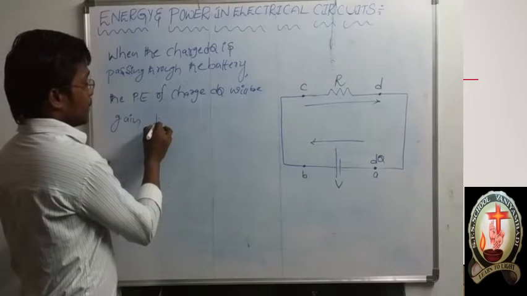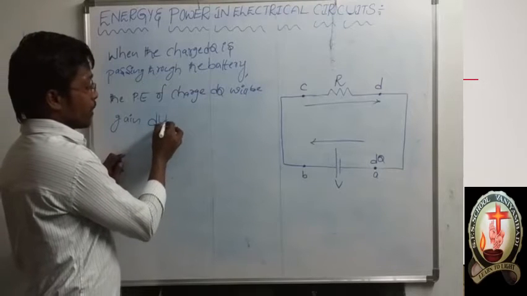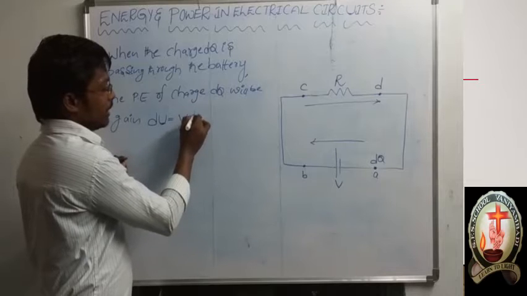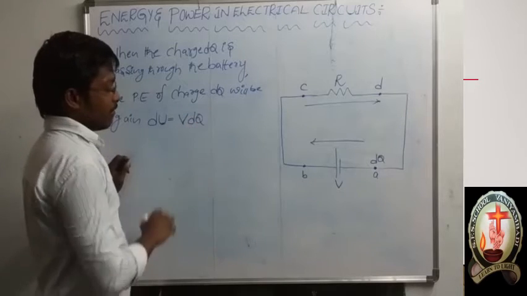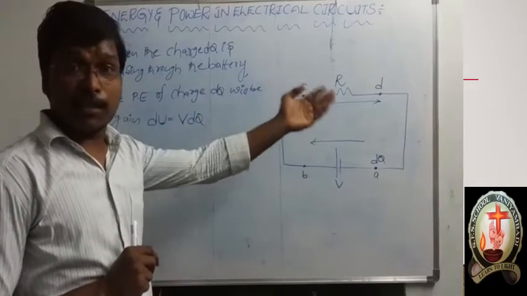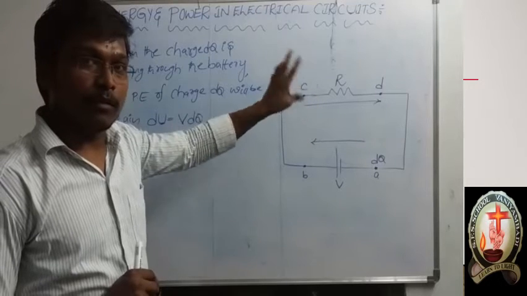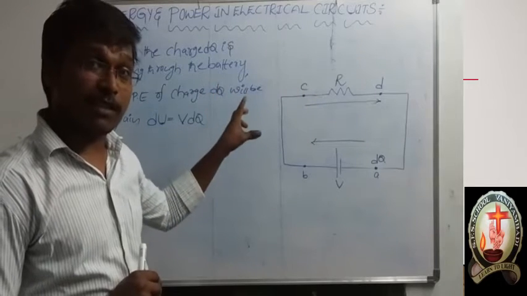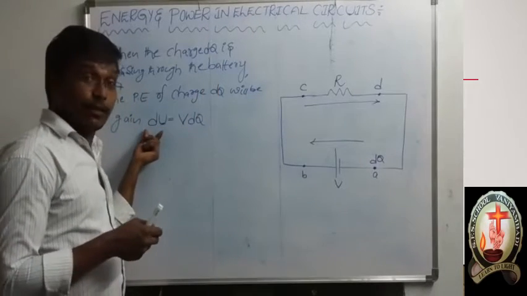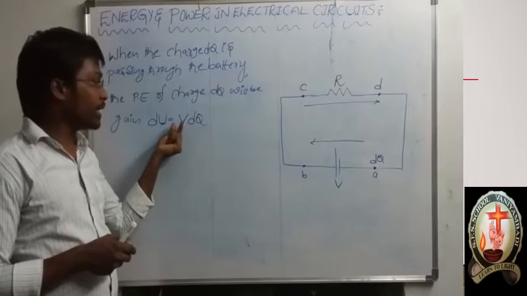Potential energy dU is equal to V into dq. Whenever the charge is passing through the battery, the potential energy of the charge will be gained. How much? Potential energy dU is equal to voltage into dq, voltage into charge.